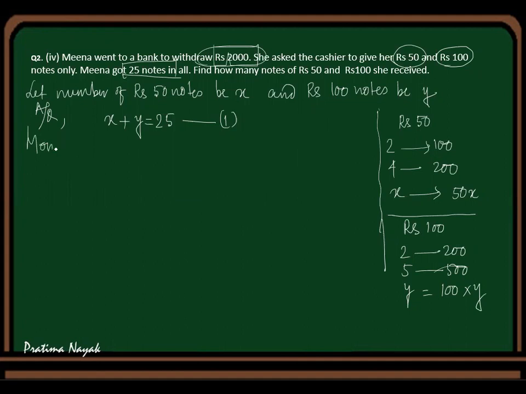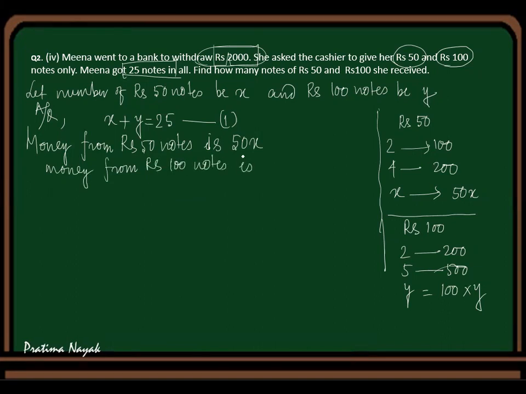I'll write: money from rupees 50 notes is 50x, and money from rupees 100 notes is 100y. And what is the total money? It is 2000. So according to the question, 50x plus 100y is equal to 2000.